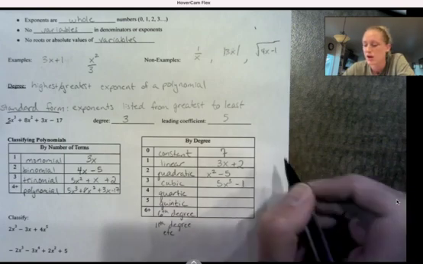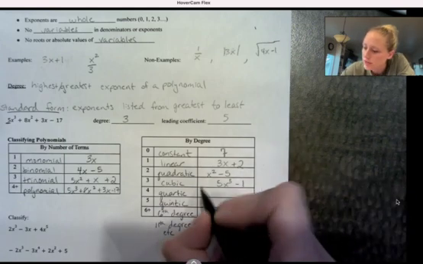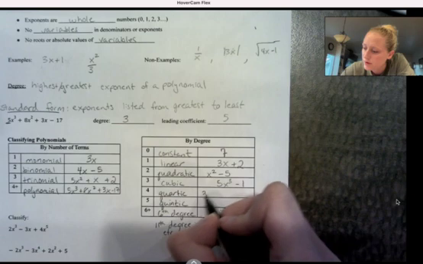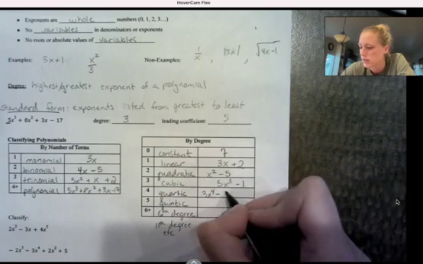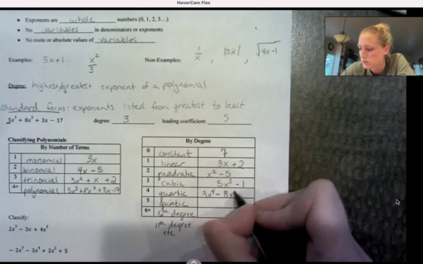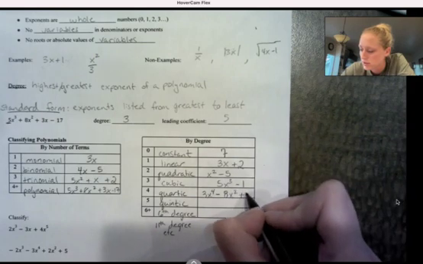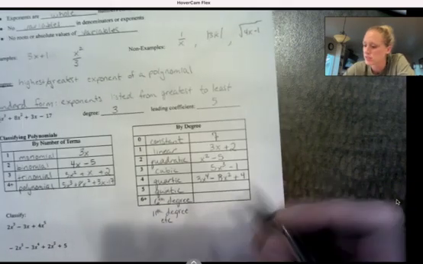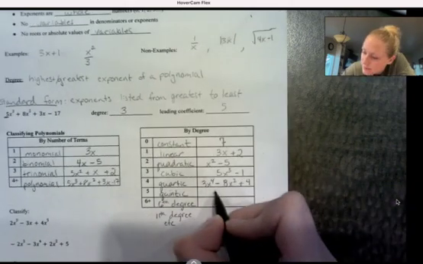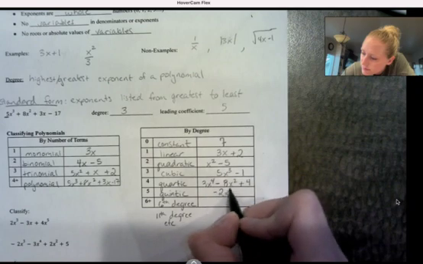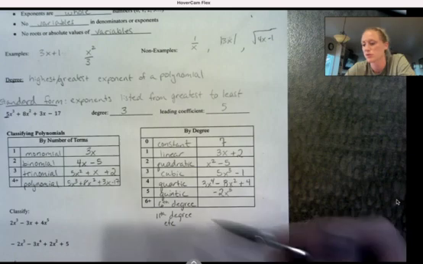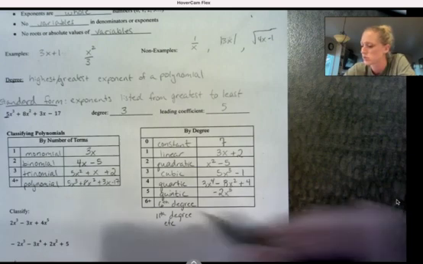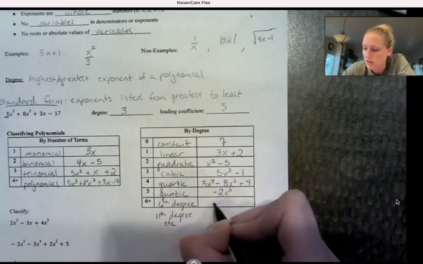Quartic is something to the 4th degree, so let's do 3x to the 4th minus 8x squared plus 4. Quintic is something to the 5th degree, and then 6th degree, 7th degree, 8th degree, 9th degree. Once we hit 6, we just use the number to describe the degree, and it can be anything beyond that.